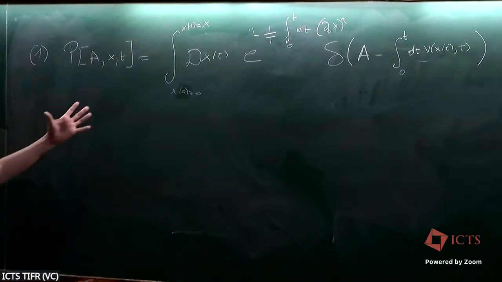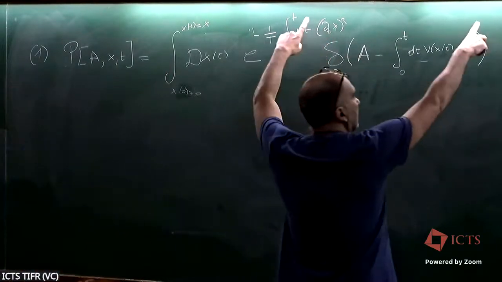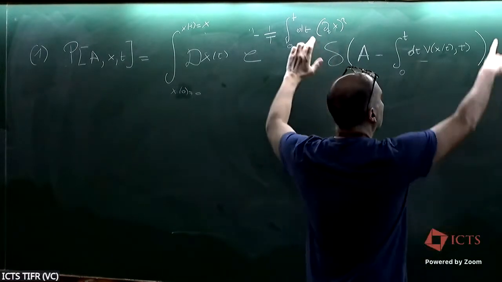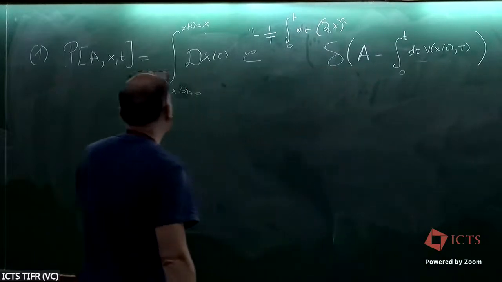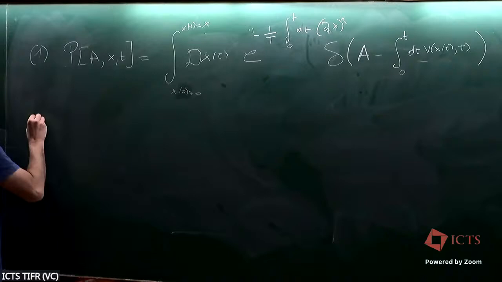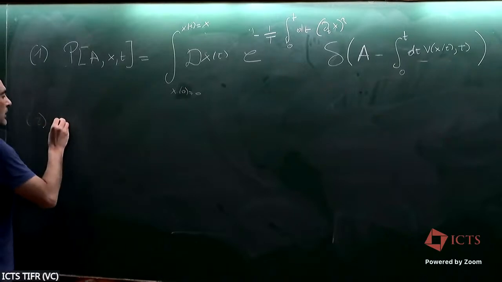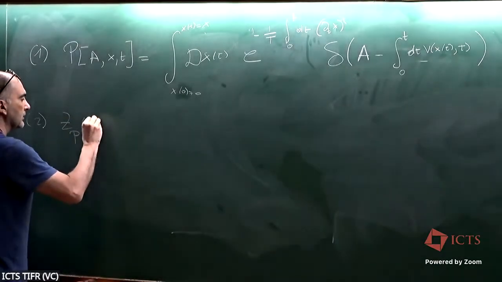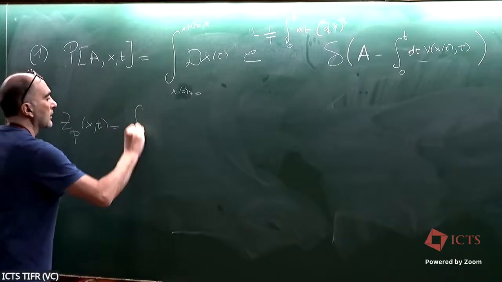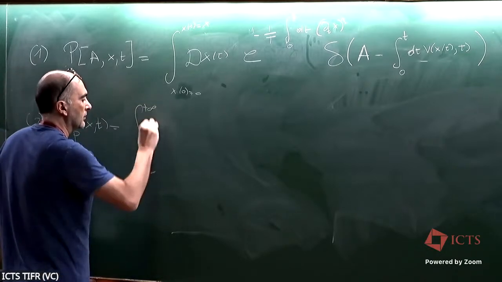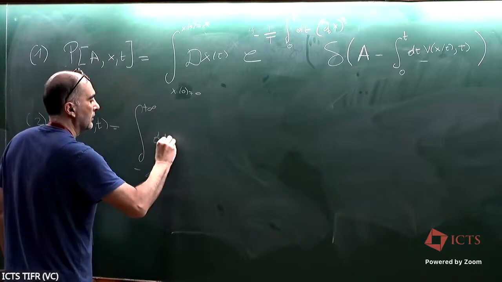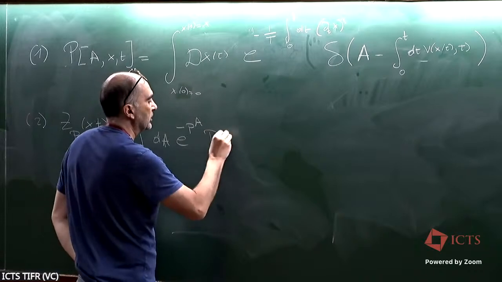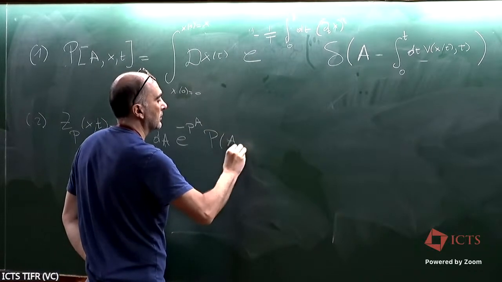So essentially what I mean is that I would like to make the average over all paths that are free over these things. But to make the connection more clear, the second thing I will do is introduce the Laplace transform. So I will introduce Z_p(x,t), this moment generating function of p and A(x,t).